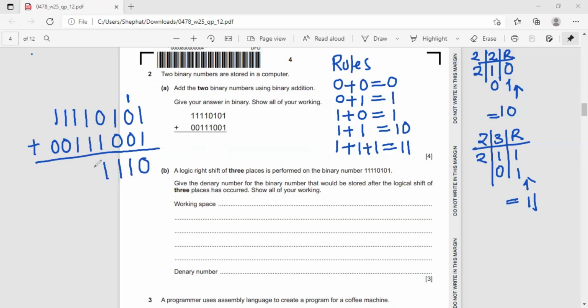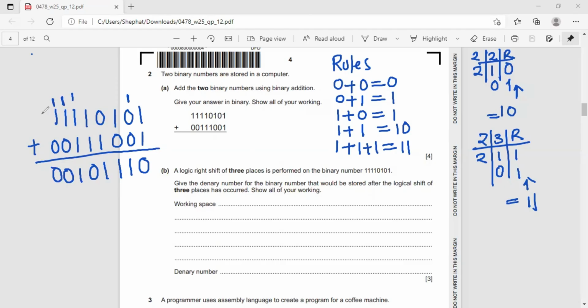1 plus 1, it is 0. You carry 1. Then 1 plus 1 plus 1, which is this rule, you are going to have a 1 here, and then you carry a 1. Then 1 plus 1, this rule, it is a 0. You carry a 1. 1 plus 1 is a 0.